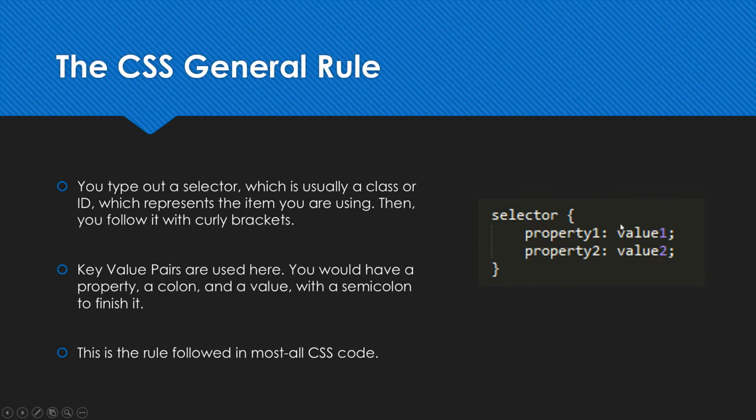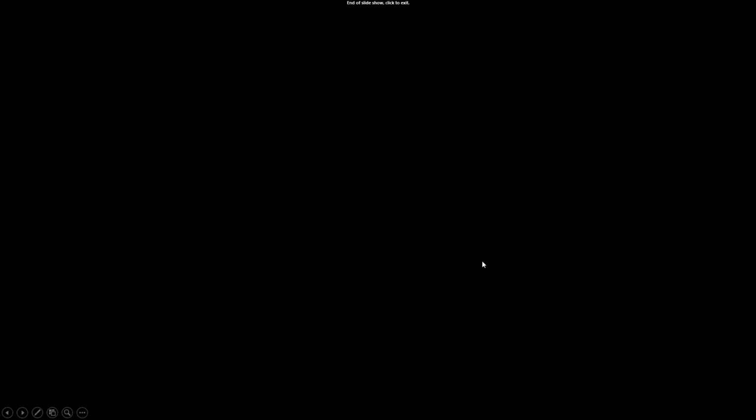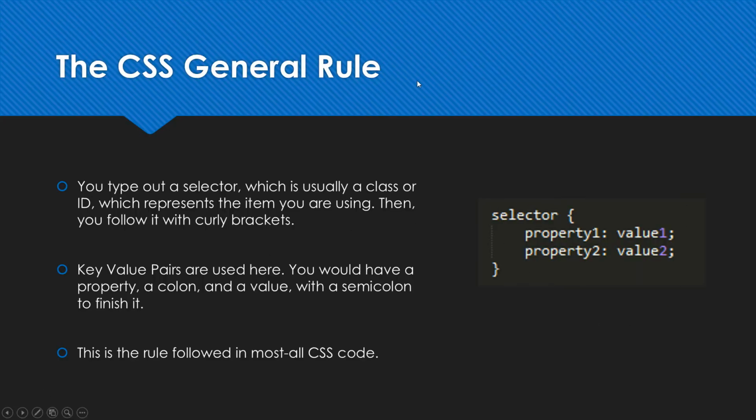This is followed in every single case of CSS. There are a few exceptions, but I'm not going to cover those because they're extremely advanced and pretty much not even CSS, but that's besides the point. So there we go. That's pretty much it. And in the next video, we're going to be talking about some of the different selectors that we can use for CSS.